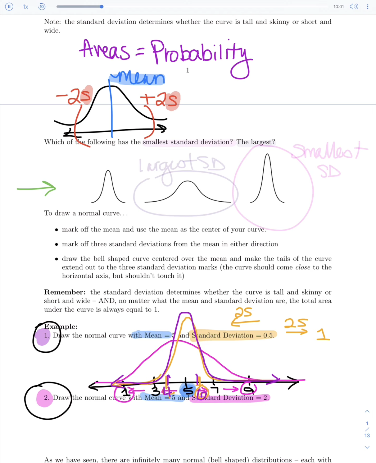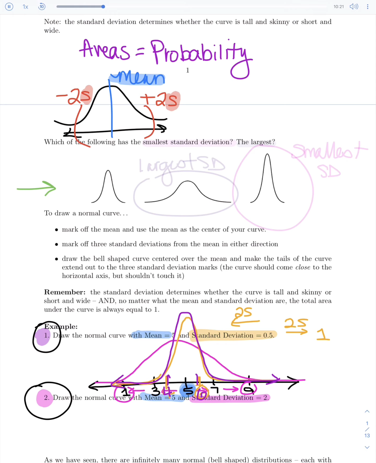So this gives you a good idea that the mean tells you where the center of the graph is, whether you're to the left or to the right, but the standard deviation tells you how far out you're going to be pushed. If your standard deviation is bigger, it squishes your graph down a little bit. But if your standard deviation is smaller, it pulls up your graph because you've got to fit more area in a tighter spot.